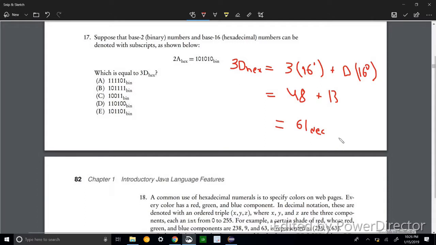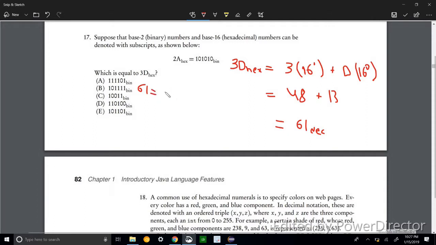And now we have to convert this decimal number into a binary number. In order to do that, we know that we can write 61 as a sum of descending powers of 2.